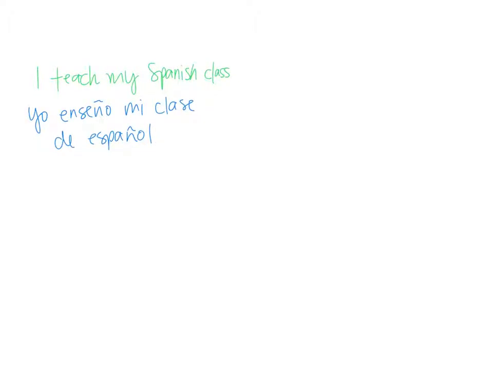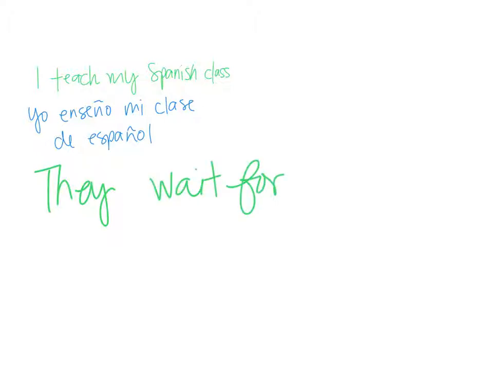Let's look at one more. They wait for their cousin. Remember, this verb right here, wait for, is a singular word, okay? You're not trying to translate the word for. It's a singular verb that you're going to do.